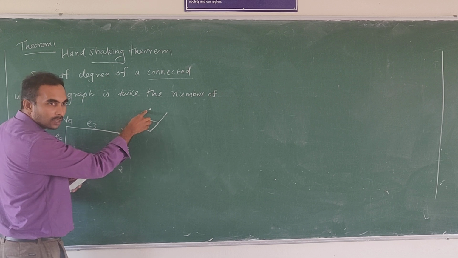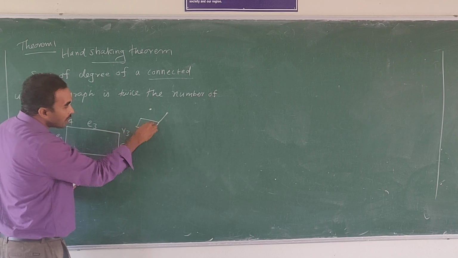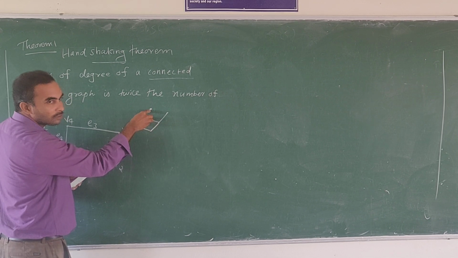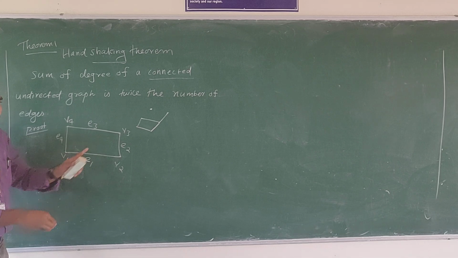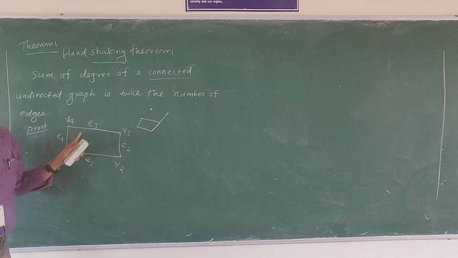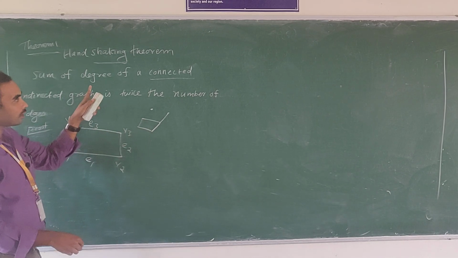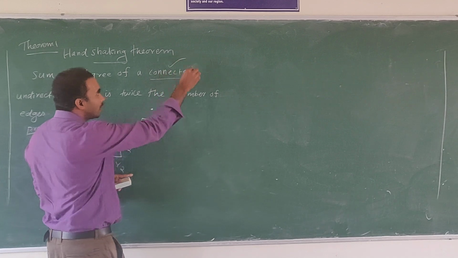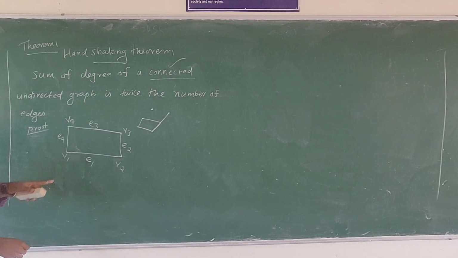There is no path between any vertex and this vertex. Okay, this is not connected. This is a connected graph. So in our theorem they have given it is a connected graph, so we have to take a connected graph.